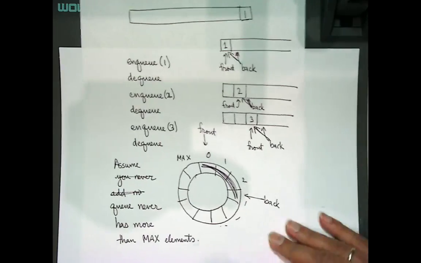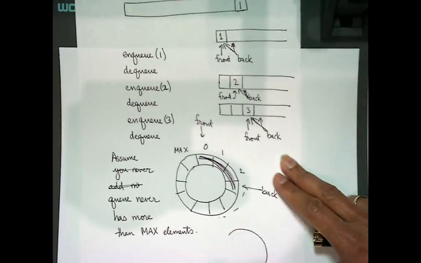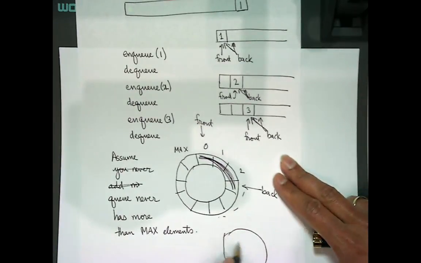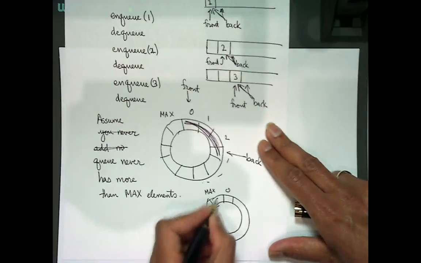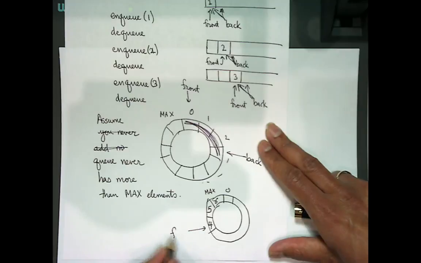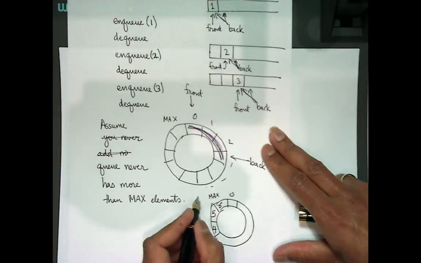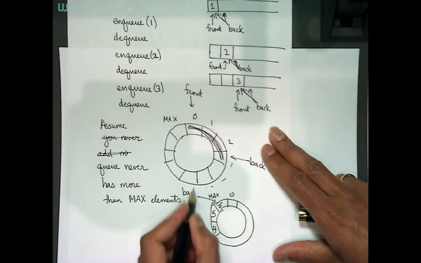So let's just say you keep doing this, and at some point your Q looks like this. This is 0. This is max. Let's say your Q is 4, 5, 6. This is front, and that is back.